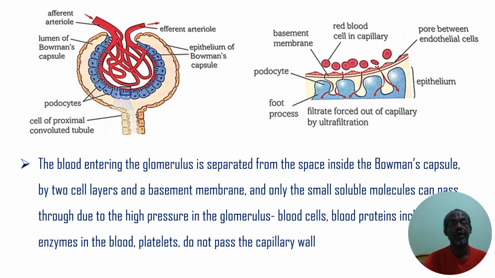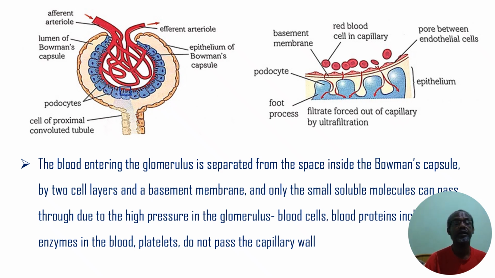This is again the Bowman's capsule. You can see to the right the blood in the glomerulus. Then under the glomerulus blood vessel, there are layers of cells, two layers of cells. One group of cells are very important here. The blue ones are known as podocytes.